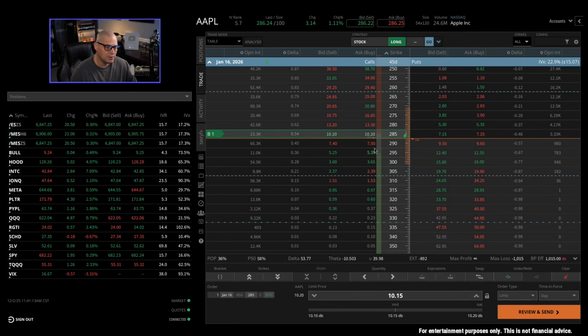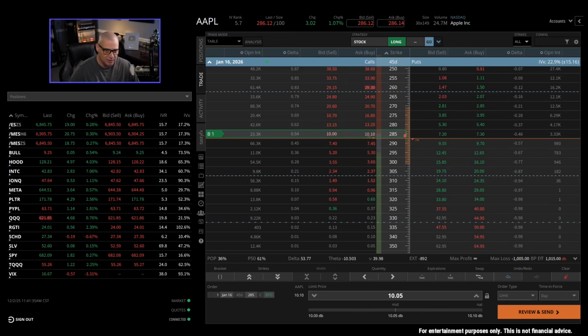Now, when you buy options, the buying power reduction is always easy to calculate because when you buy an option, you have to pay a debit, obviously, because when you buy something, you purchase it, you pay for it. What is the buying power reduction on this long call? Well, it's the debit that I pay for the trade. So in this case, this particular call has a cost of $10.10.